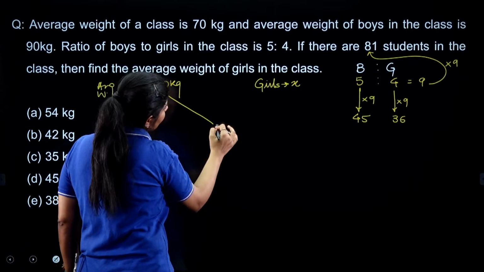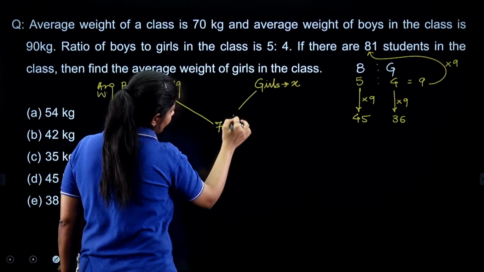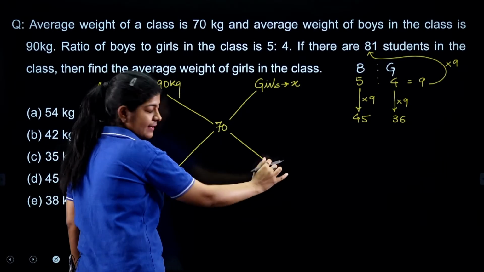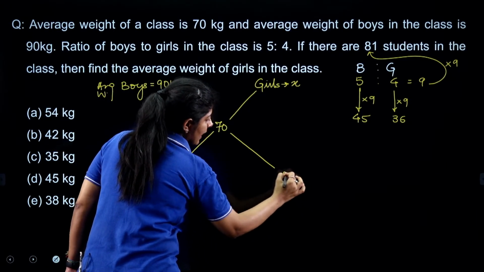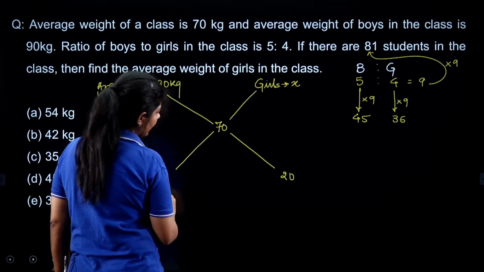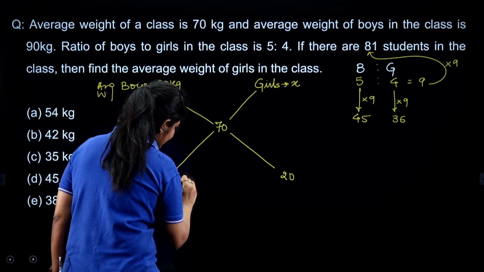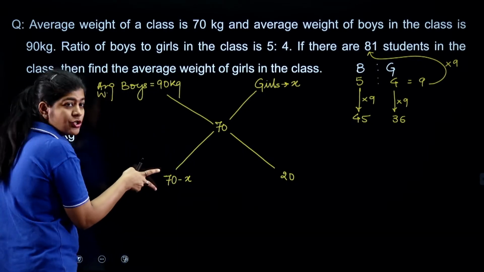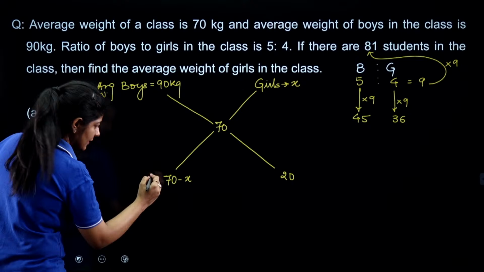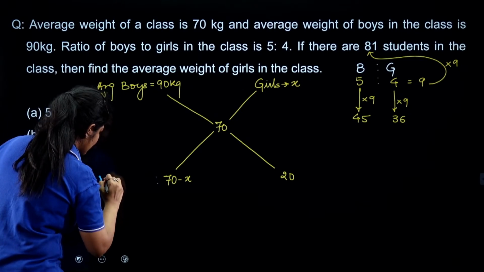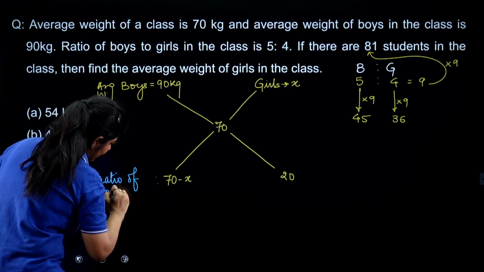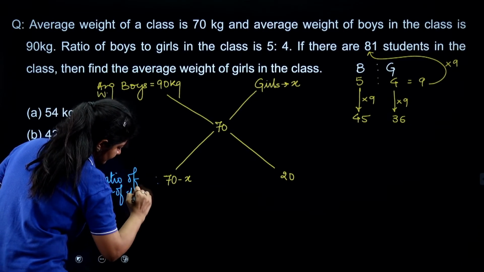And the average weight of the class is 70. So the values that we are getting over here are 20 and 70 minus X, right? This is the ratio of the number of students.